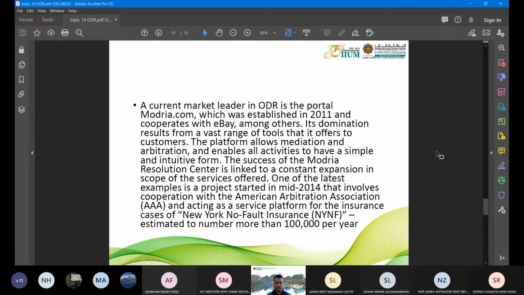AIAC. People who have issues and want to resort to arbitration can go and find an arbitrator in that particular institution. Only the institution again is not really online, meaning the sessions are not done online.